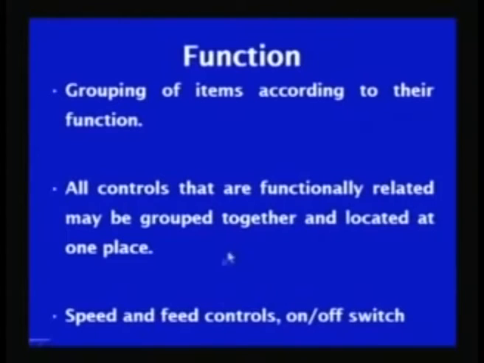Like on-off controls are grouped at one place. So, the devices which are similar in the nature of their function are grouped at one place, so that the operator can use them effectively without making extra efforts to identify and locate them. Some of the examples are like feed and speed controls are located at one place, grouped in one category, and switching on and switching off the systems are also placed at one place.